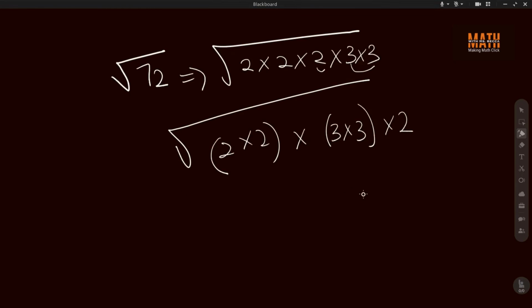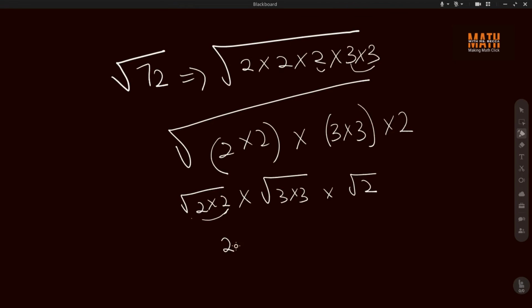We can rewrite this by separating the roots, so that we have root 2 times 2, times root 3 times 3, times root 2. Now, for root 2 times 2, since we have two factors here, we just pick one, because root 2 times root 2 will be 2.